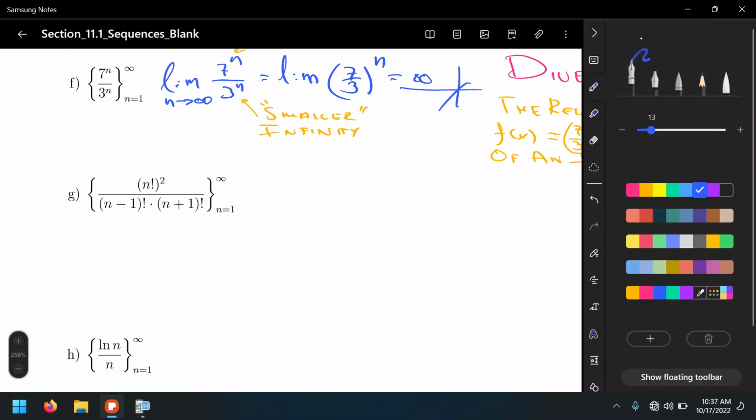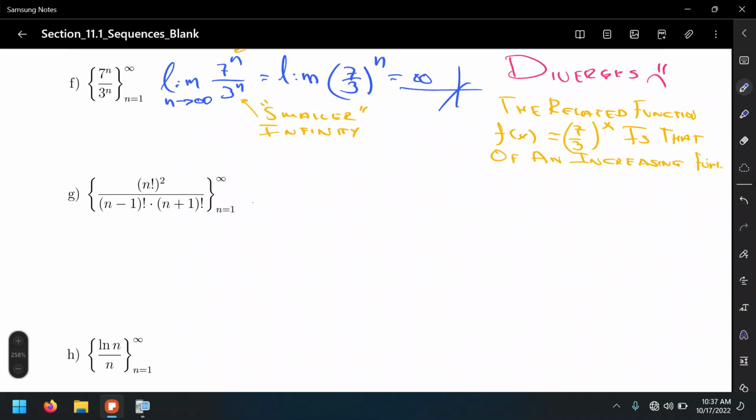So let's write this as a limit problem. Limit n factorial times n factorial. So I'm going to write this n factorial squared as n factorial times itself, over n minus 1 factorial times n plus 1 factorial as n approaches infinity.